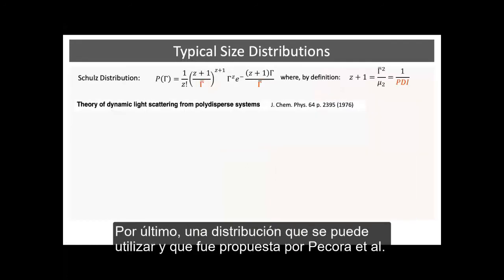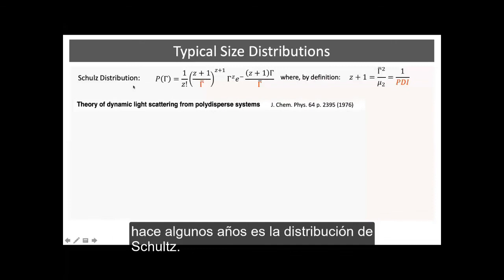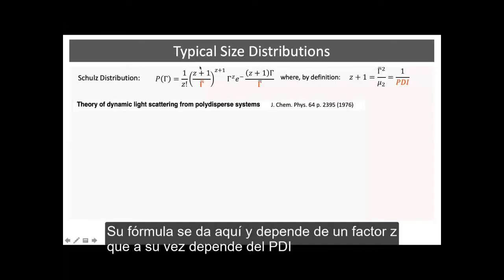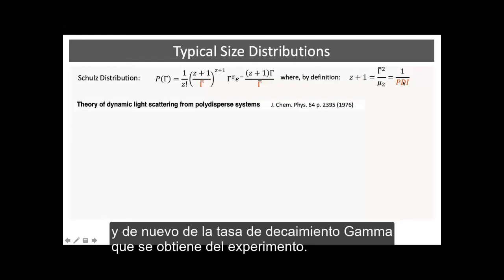Finally, a distribution that you can use, that was proposed by Pecora and collaborators some years ago, is the Schulz distribution, where here again, this distribution has the formula which is given here, and depends on a factor z, which depends on the polydispersion index that you have obtained from the experiment, and again, the decay rate that you also have obtained from the experiment.